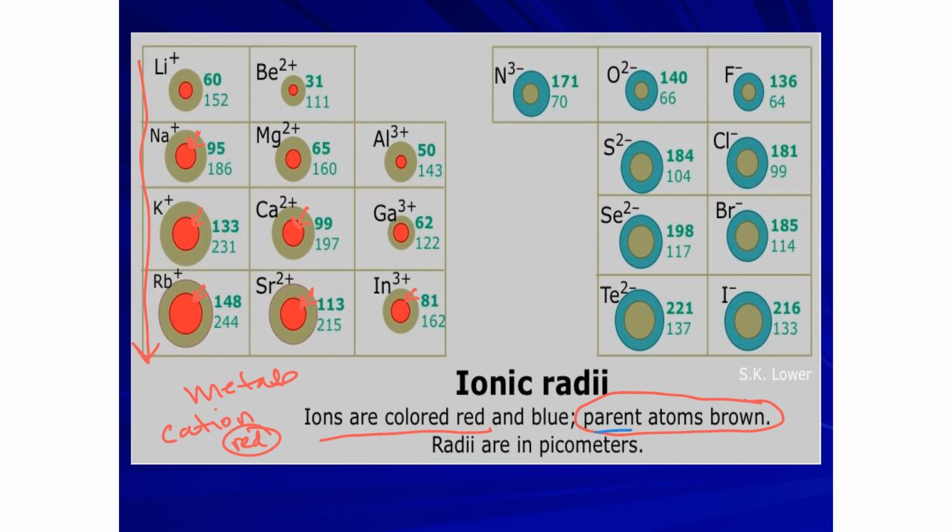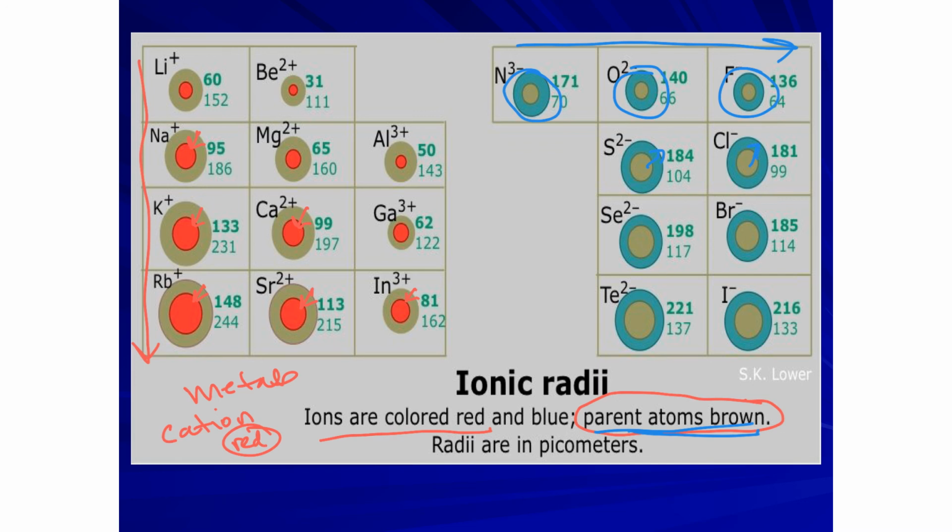And I see the parent atom again is brown, and I see the size, right? I'm looking this way as I'm going across here, and yeah, the atoms are getting smaller as I go across, but look every single time at the anion. Do you see how the anion in turquoise is always larger than the parent atom?